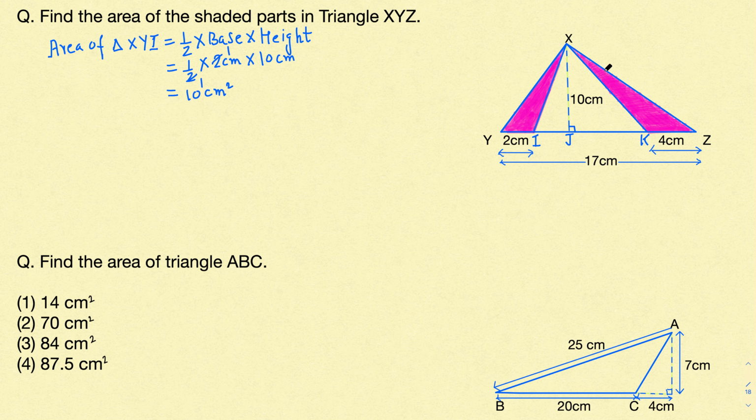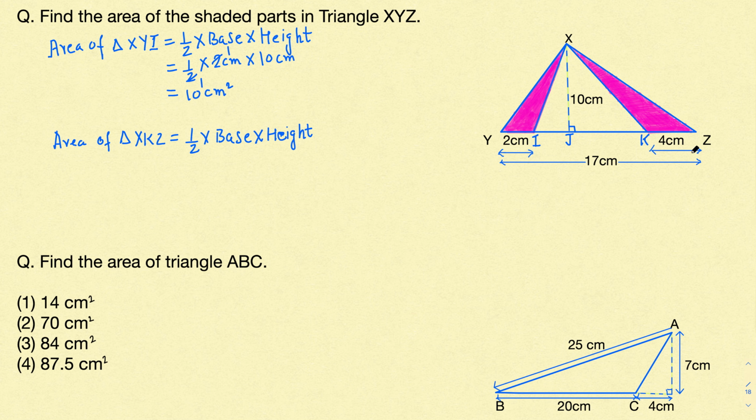Now let's find the area of XKZ. Okay, so the area of triangle XKZ is again the same. We should write the formula. So it's half times base times height. Keep the base and height ready, right? So what's the base here for this one?